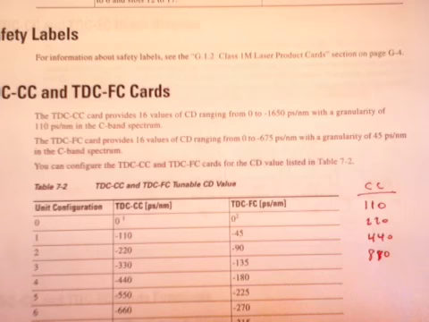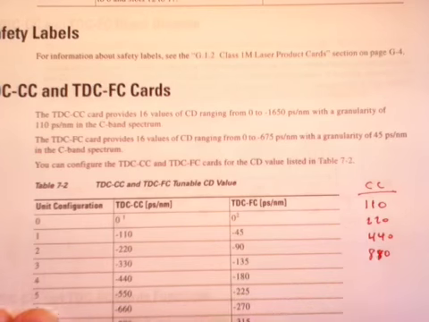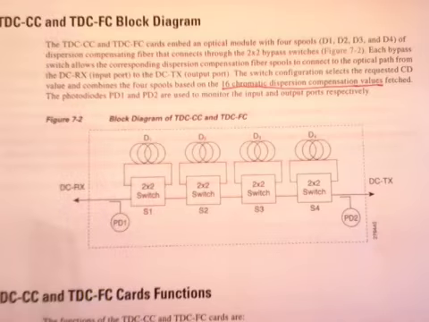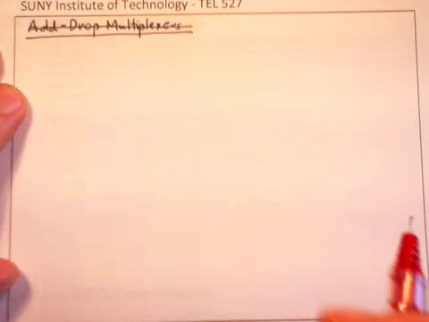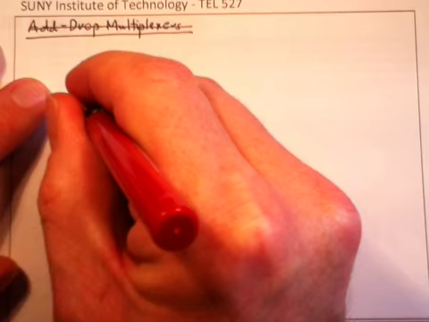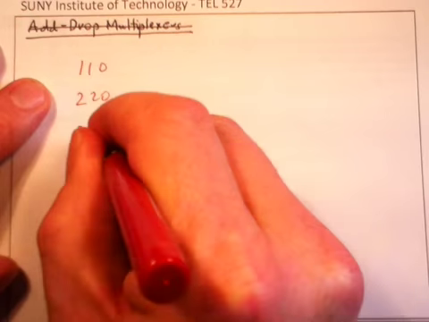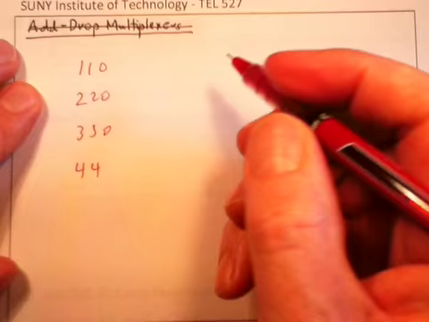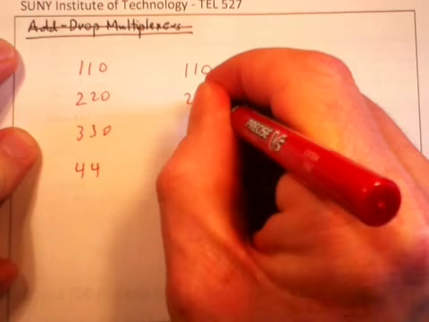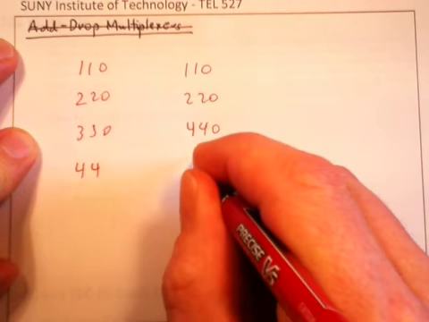And so they add up like a binary number. Okay, so you can make any combination of the chromatic dispersion there. I guess I'll show you a quick page where we have the 110, the 220, the 440, and the 880.